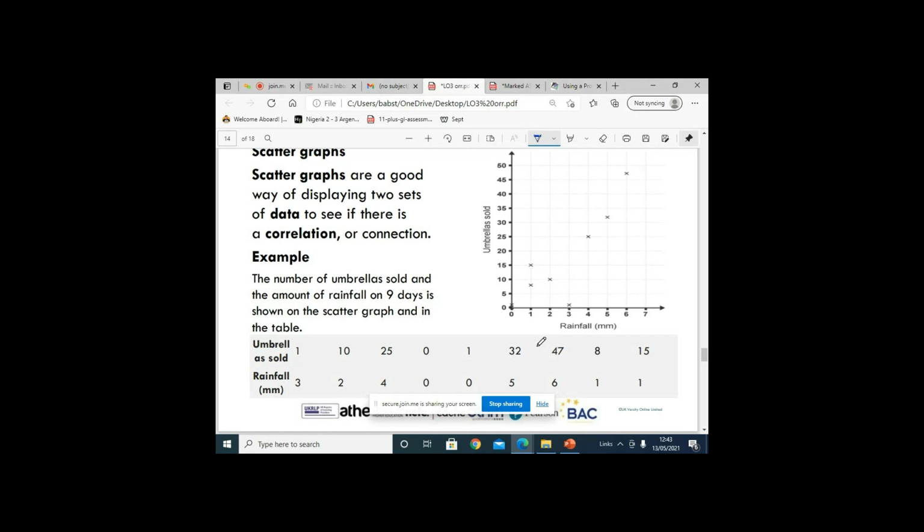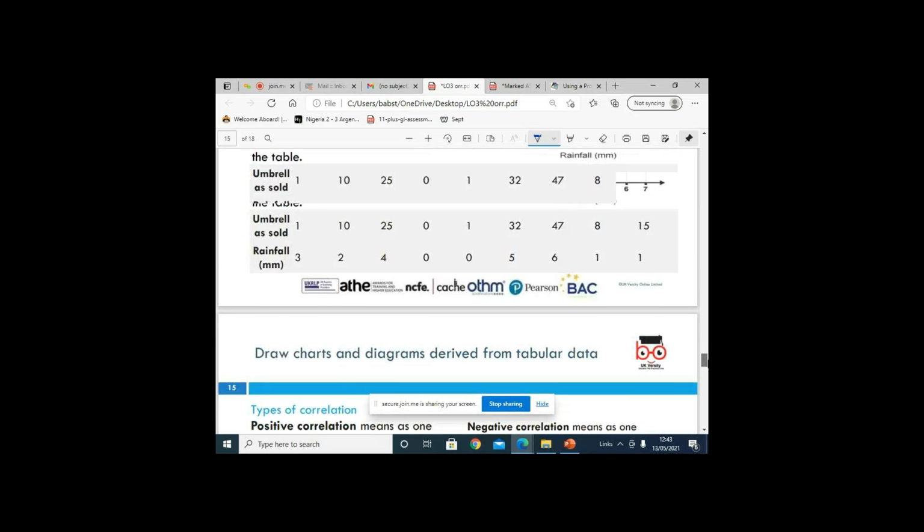Can you see the 4 is 25? So when there is no rainfall that day, no umbrellas are sold. So you can say that the number of umbrellas sold will increase depending on the rainfall. Heavy rain. Yes, so that's a correlation. There's a correlation between the umbrellas sold and the rainfall.